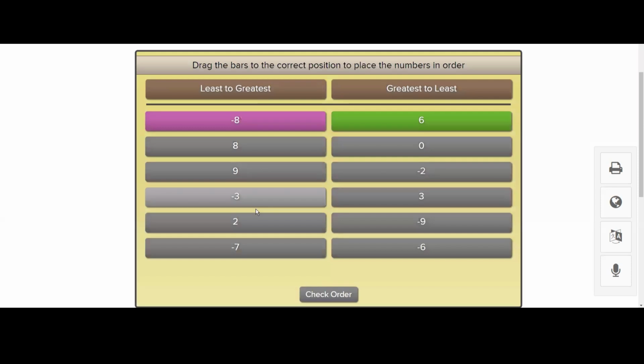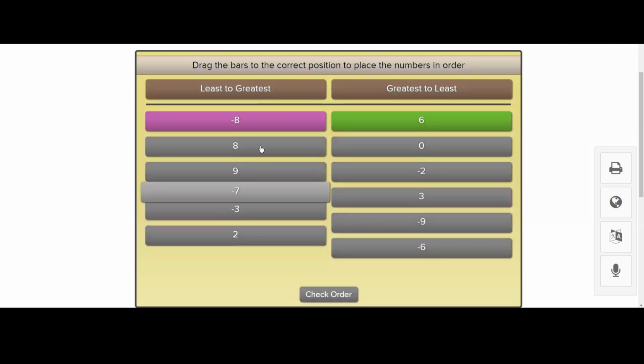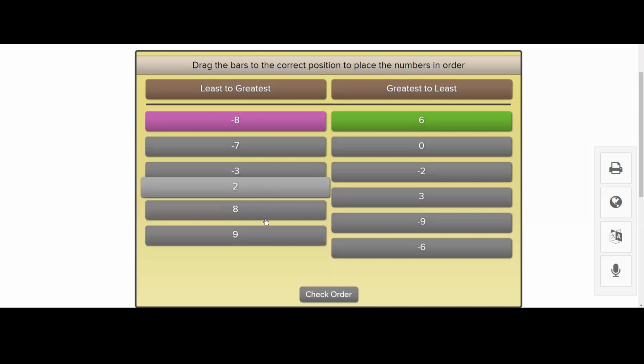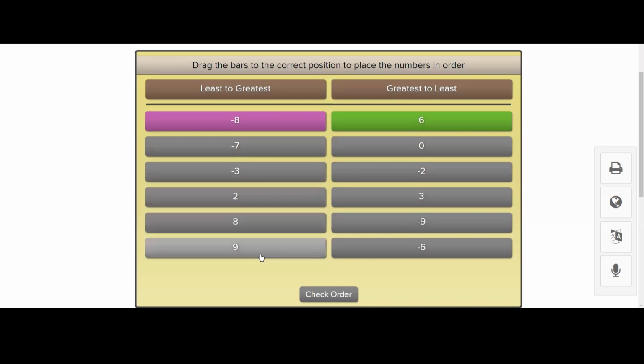Least to greatest: the least is -8, followed by -7, -3, 2, 8, and 9. So the smallest is -8, -7, -3, 2, 8, and 9.